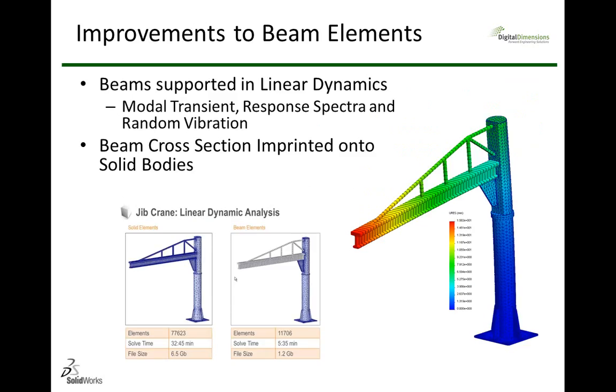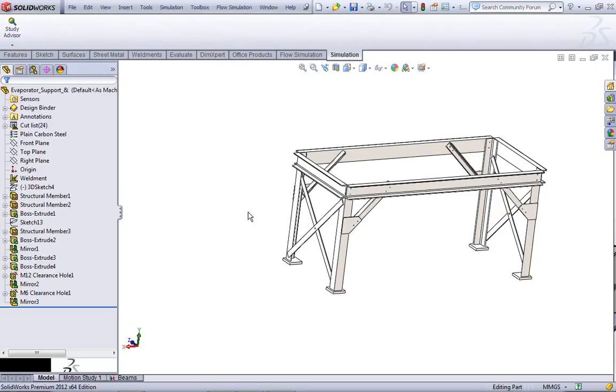The 2012 improvements I'd like to comment on have been fairly light compared to other releases. One of the big emphases for 2012 has been the incorporation of beams into dynamic studies. Let me show you an example of this. In previous releases, we were not able to perform a dynamic study with beam analysis.